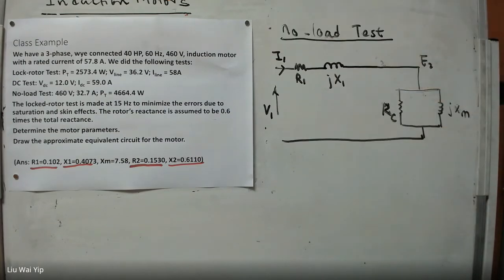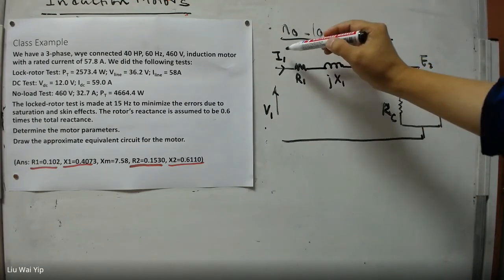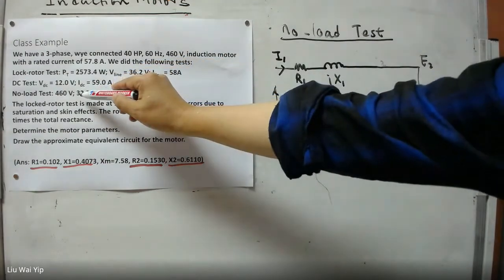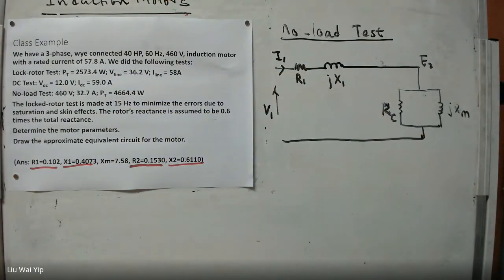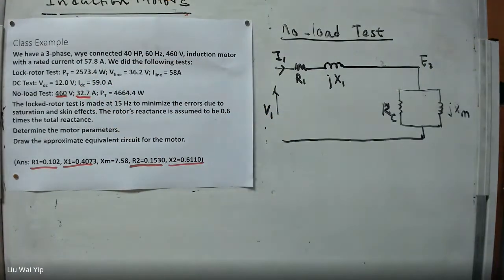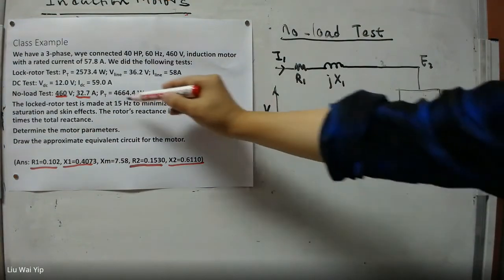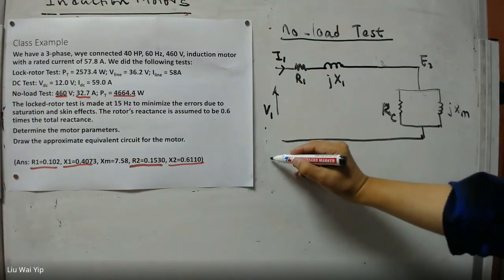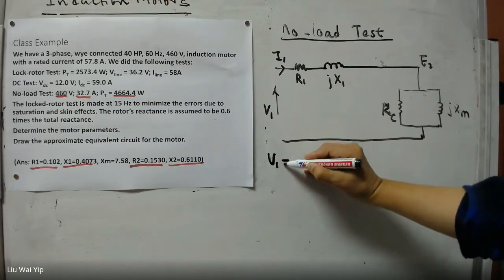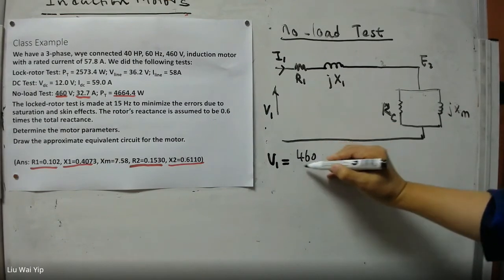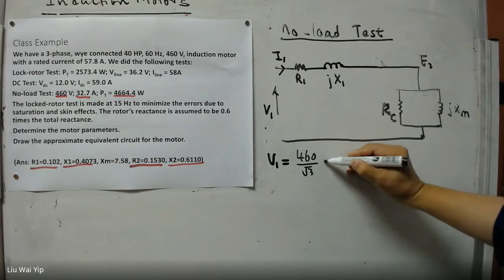First of all, we need to find the complex phasor of the current. Right now, what we have here is the magnitude. This is the magnitude, and this one is also a magnitude. Of course, right? The power is the magnitude. So first of all, the magnitude of V1 is 460 divided by root 3.